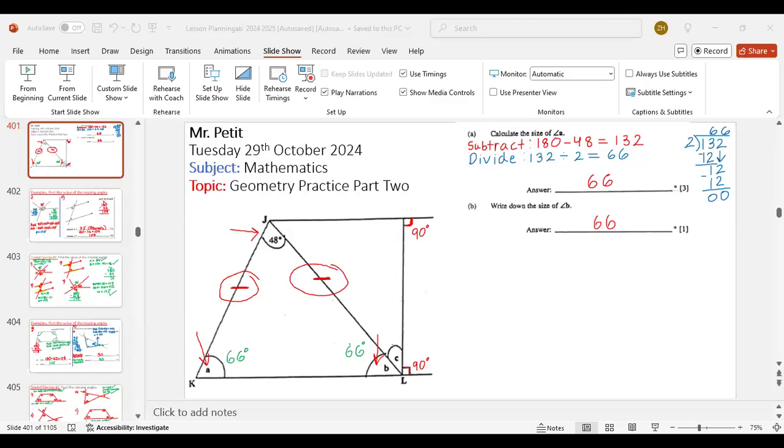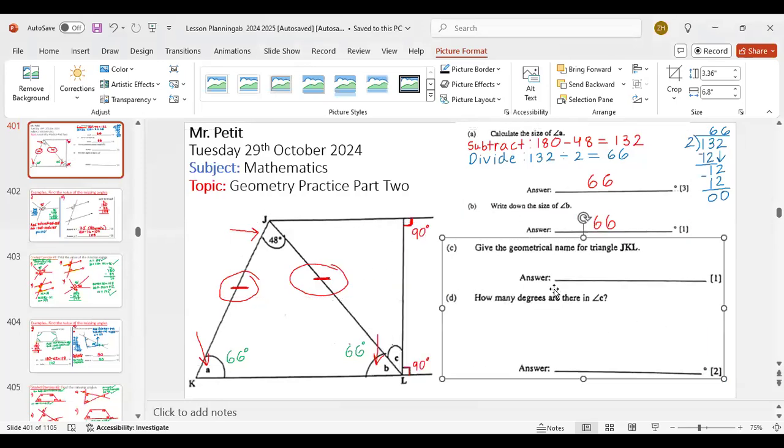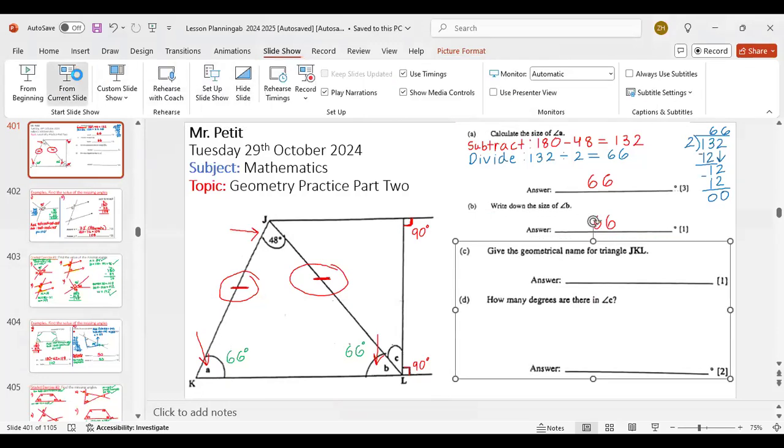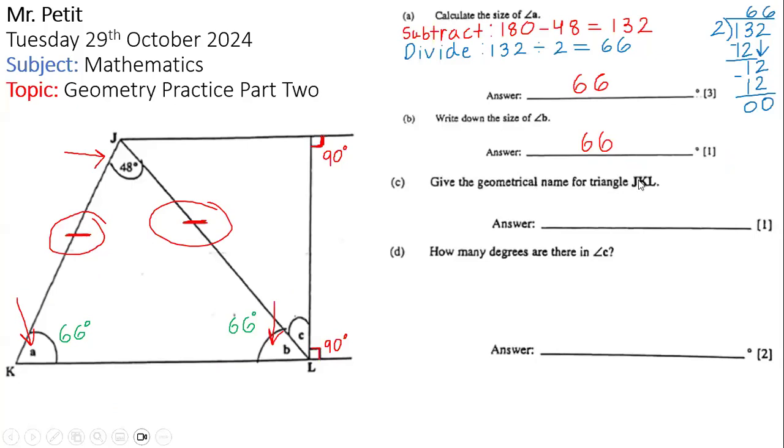All right. So the next question says that they want us to give the geometrical name for triangle JKL. Now, where's triangle JKL?